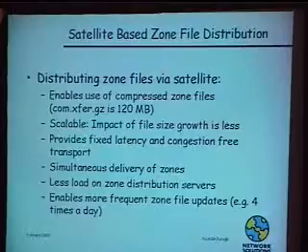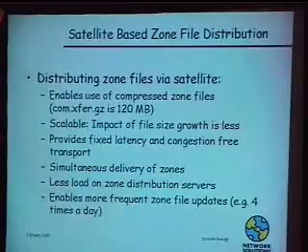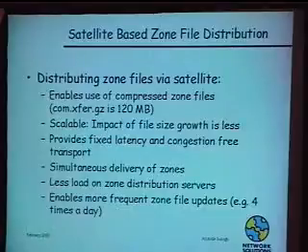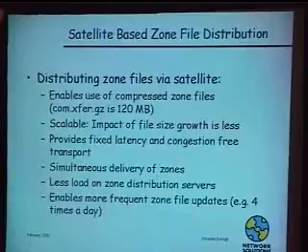And it will cost less load on the zone distribution servers. Right now we're using basically hidden distribution servers to propagate these zones to the publicly accessible zone servers. And hopefully we'll be able to do some more frequent zone updates.